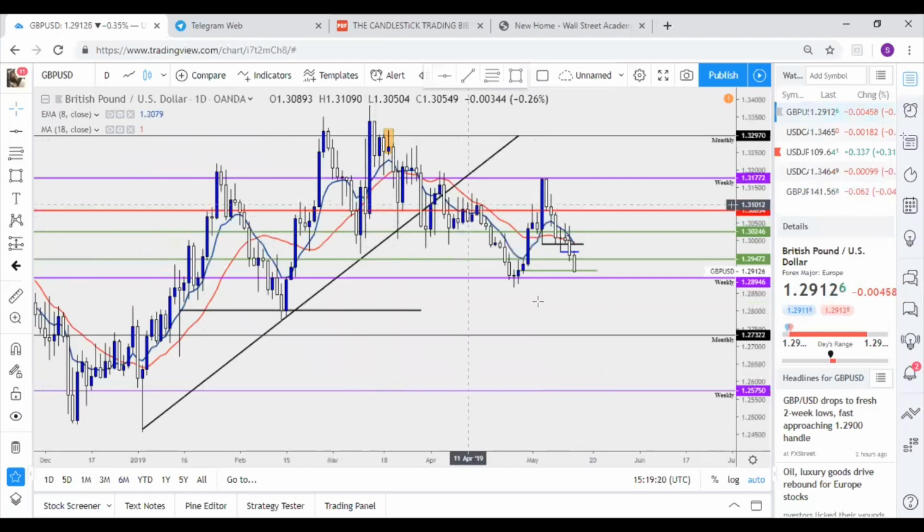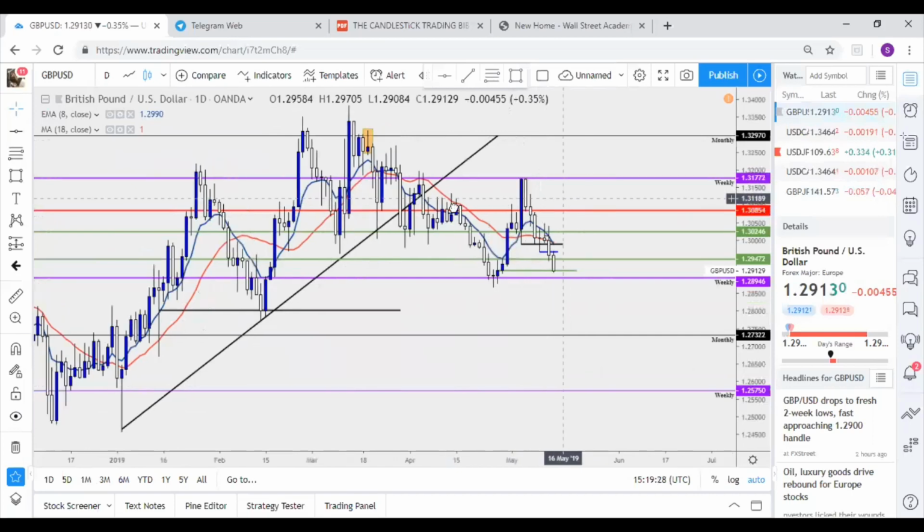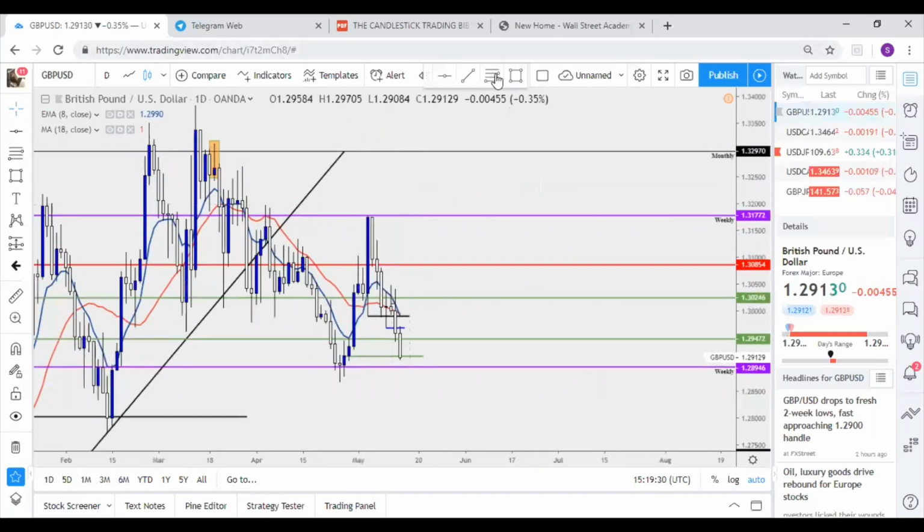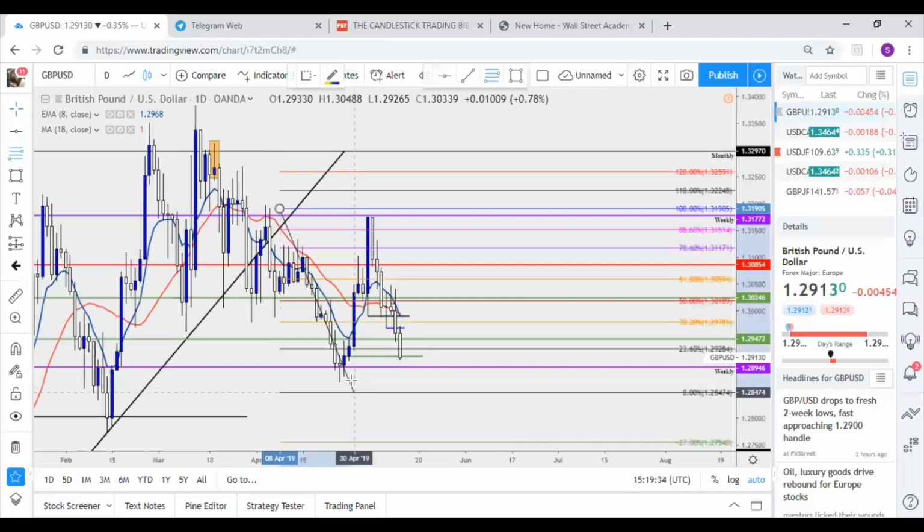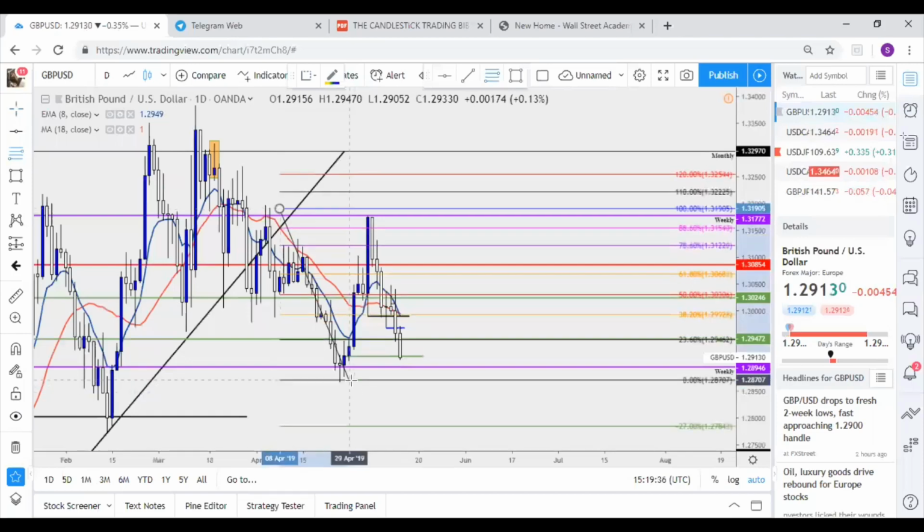Once that point was broken, which we dropped down here to a weekly level of support, I formed my first lower low. Boom. I came back up, formed the lower high. So I'm looking for sales. I'm at my first lower high point. I could pull my fibs out, from point A to point B. As you guys can see, we got an 88.6 retracement. My projection will be negative 27%.